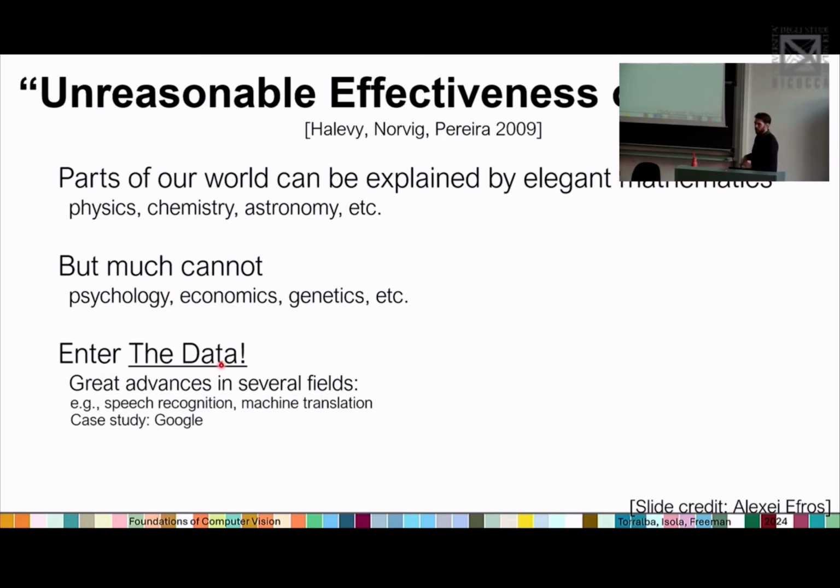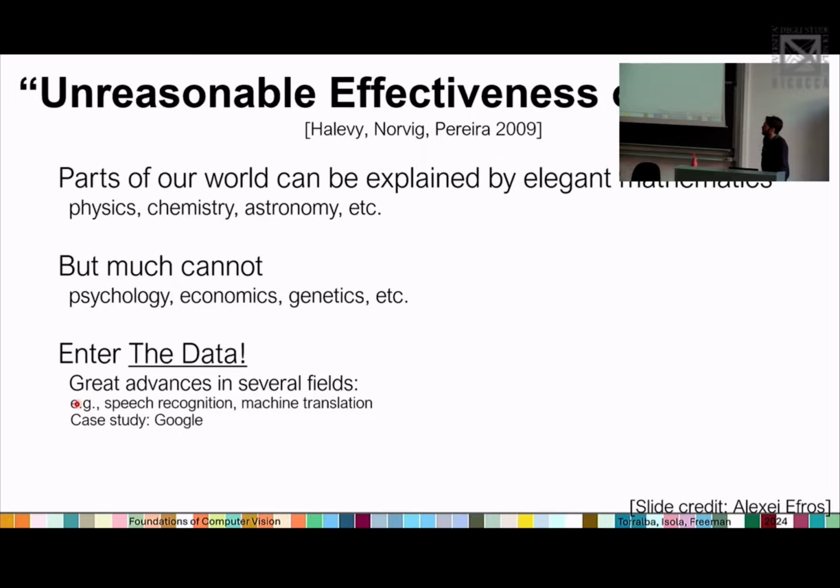However, lots of things in the world cannot be explained in this way. If you talk to a physicist, they would probably say that for psychology, economics, and so on, you need to use chaos mathematics, complex system mathematics.